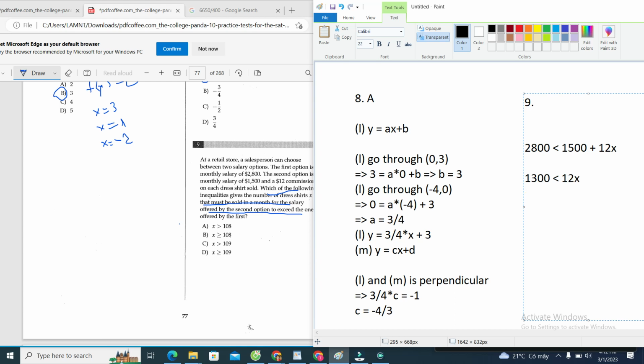So x has to be bigger than 1,300 over 12.